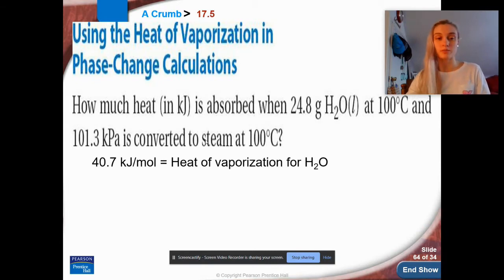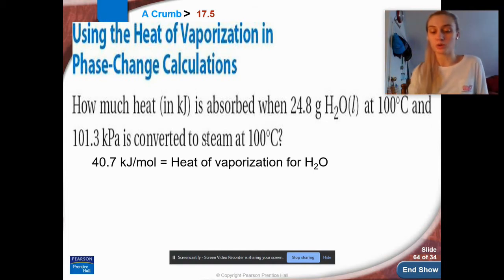This practice problem is asking us to find how much heat in kilojoules is absorbed when 24.8 grams of liquid water at 100 degrees and that pressure is converted to steam at 100 degrees Celsius. Basically, how much heat is absorbed by the water when we make that transformation from liquid water to steam at 100?